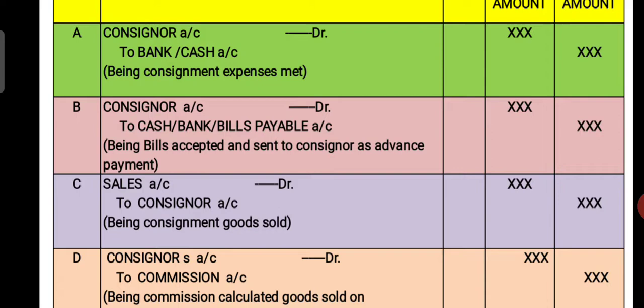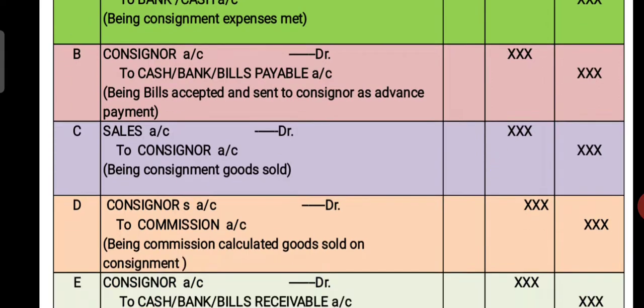We write this entry whenever we sell the goods. Here we means consignee. We think ourselves as consignee. Whenever we sell the goods, we write this entry. What is the entry? Sales account debit to consignor account. Narration: being consignment goods sold.